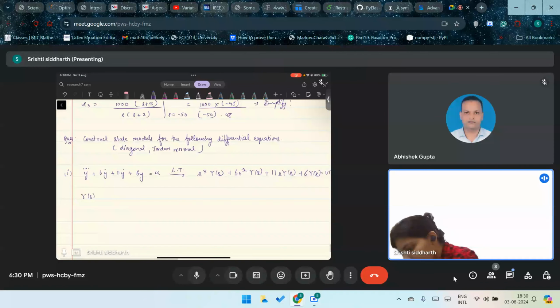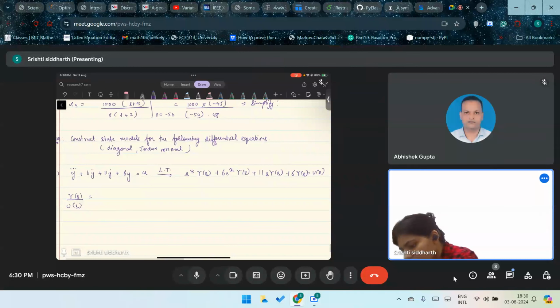Here we have Y(s) over U(s) equals 1 upon s cube plus 6s square plus 11s plus 6.